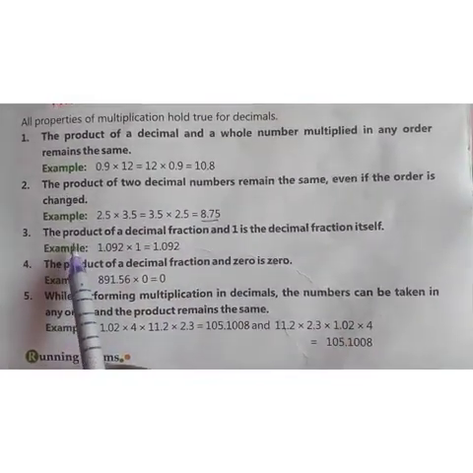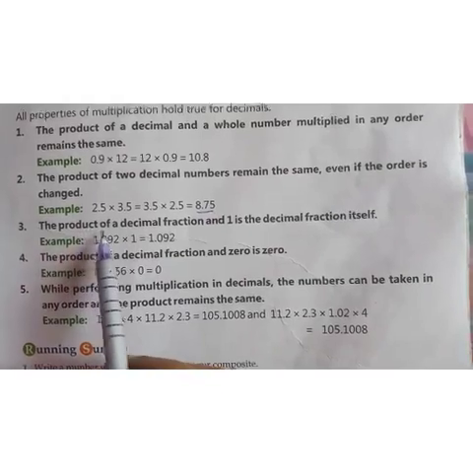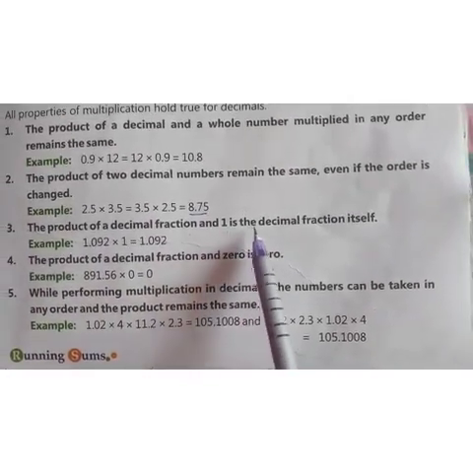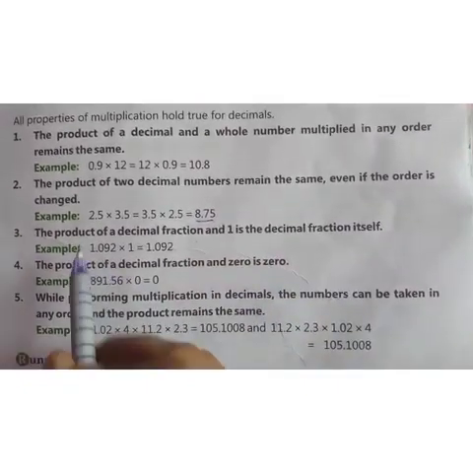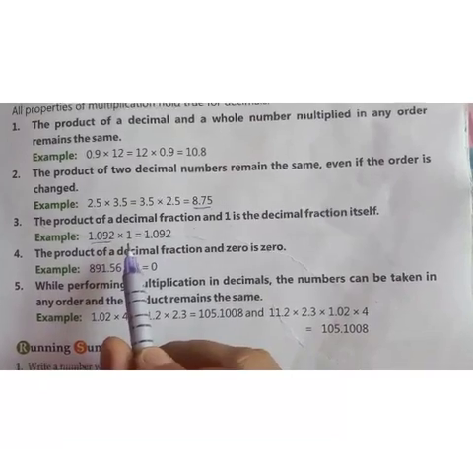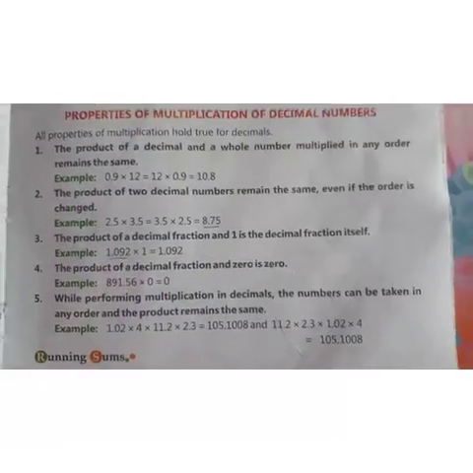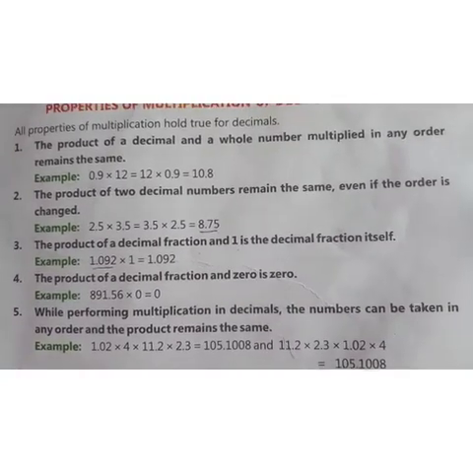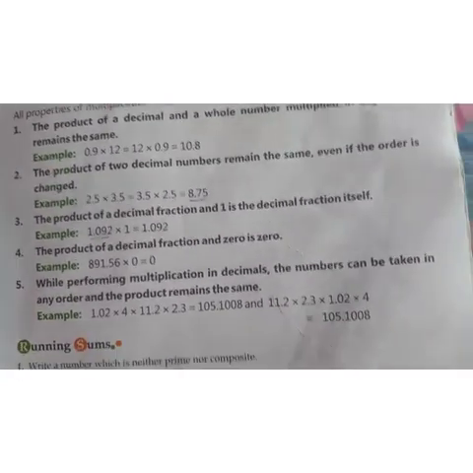Next we have the product of a decimal fraction and 1 is the decimal fraction itself. Now you take any of the decimal number and when you multiply it with 1, the answer remains the same as decimal number. Is it clear, children?